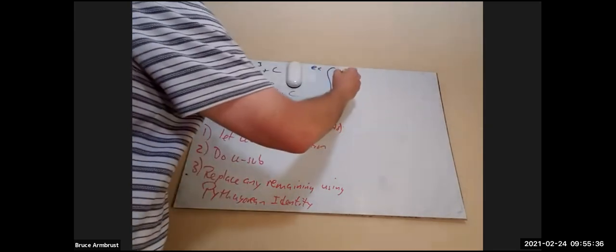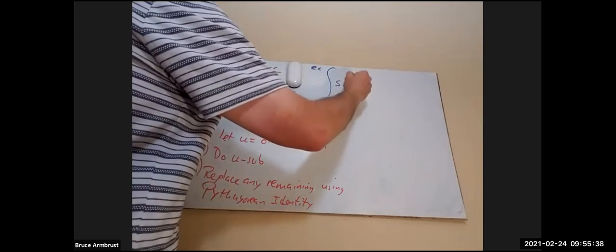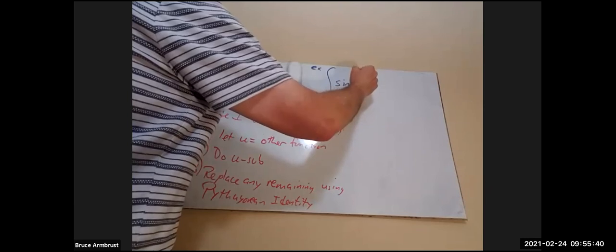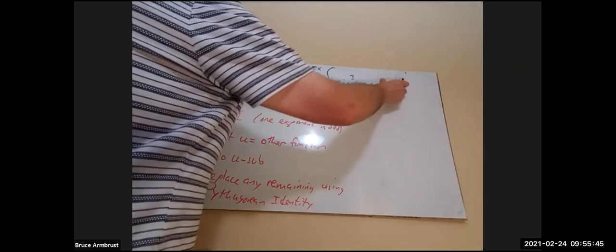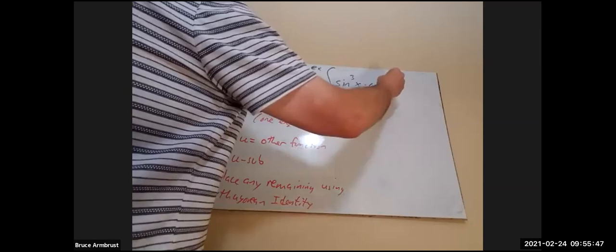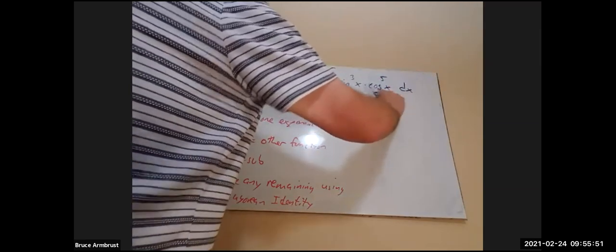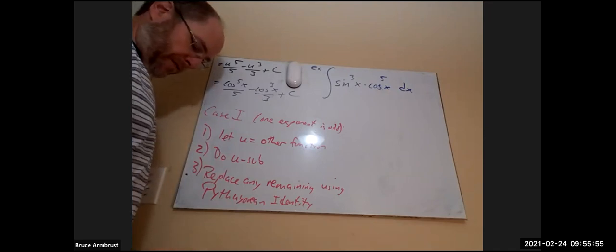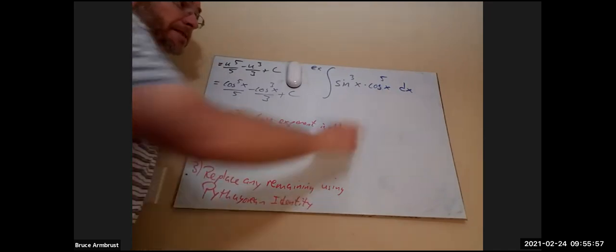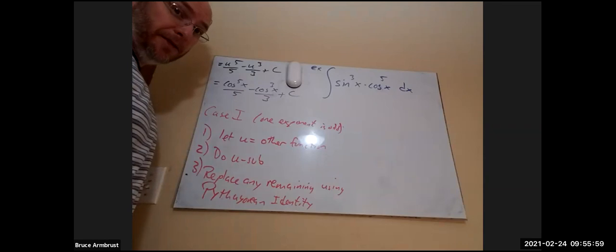So let's say we've got sine cubed times cosine to the fifth. So for this one, since they're both odd, it doesn't really matter which we pick.